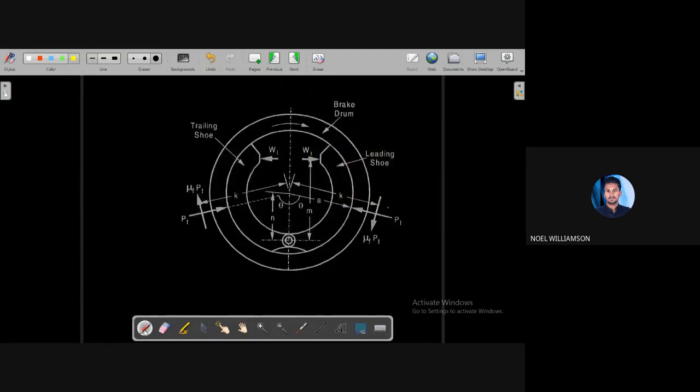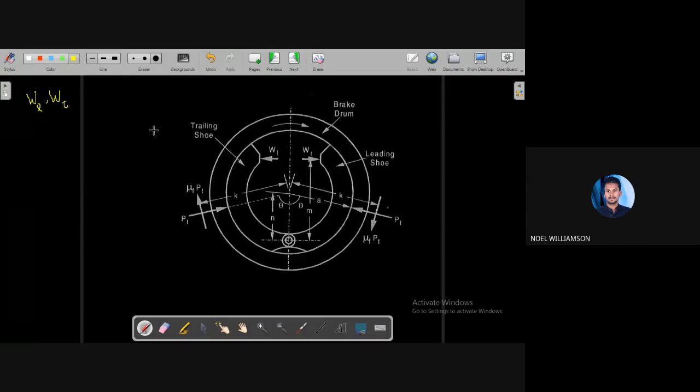Okay, two particular shoes. Now we can see what the various forces acting on this internal expanding shoe brake are. First one, here you can see WL and WT shown here. That means the suffix T is for trailing, and L for leading, that is primary.